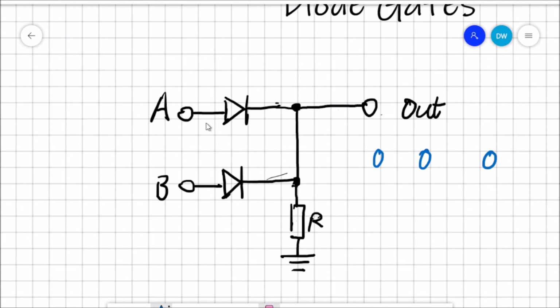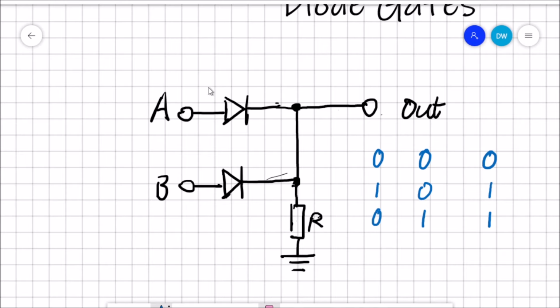Now, if we apply a voltage on either one of them, if we apply it here, then the current will go straight through to the output, giving us 1, wouldn't it? So if A is on and B is off, the output is 1. Similarly, if we apply a current into B but leave A off, we have 0, 1, and there will still be current going through the system and going out, giving us 1.